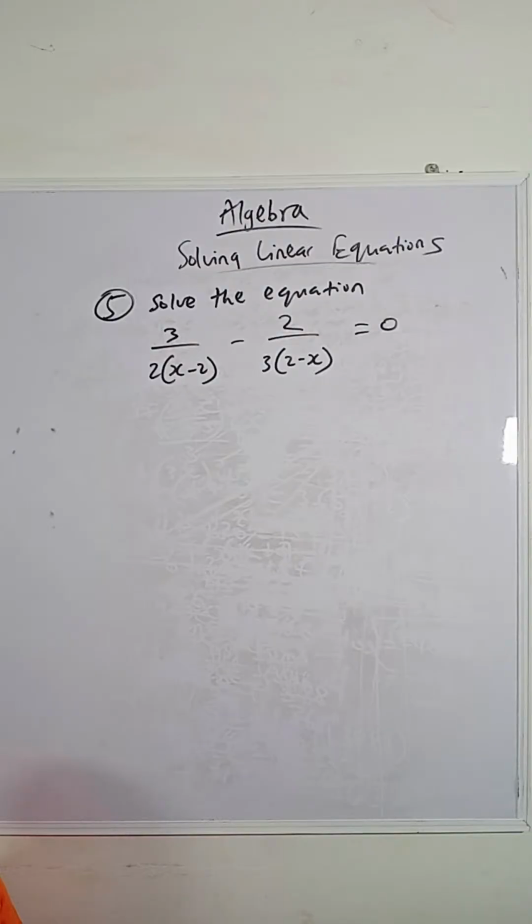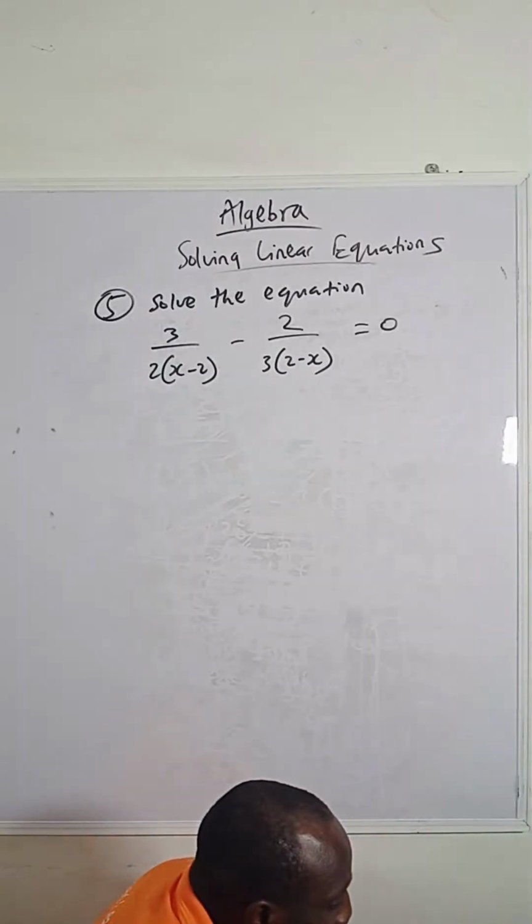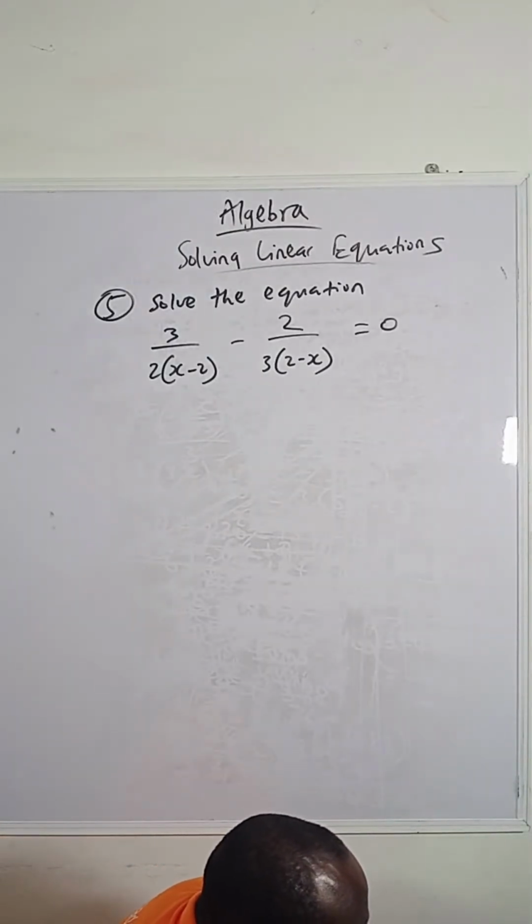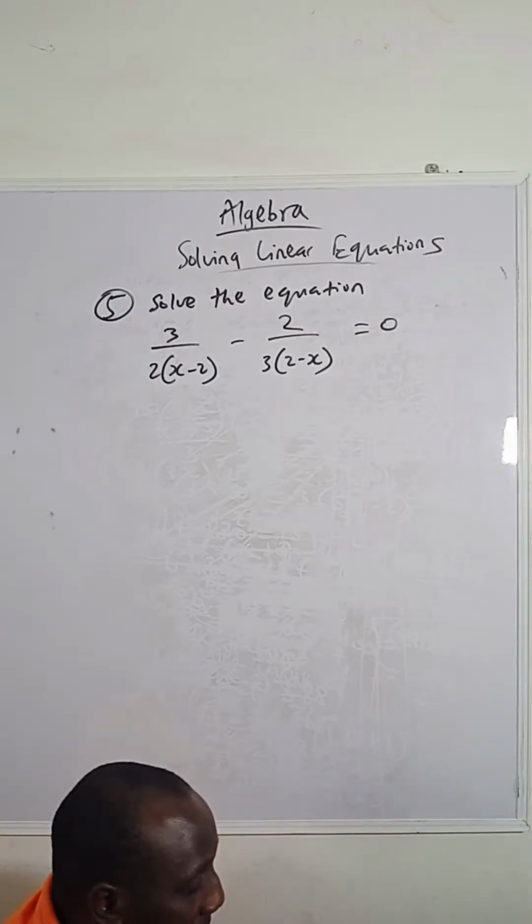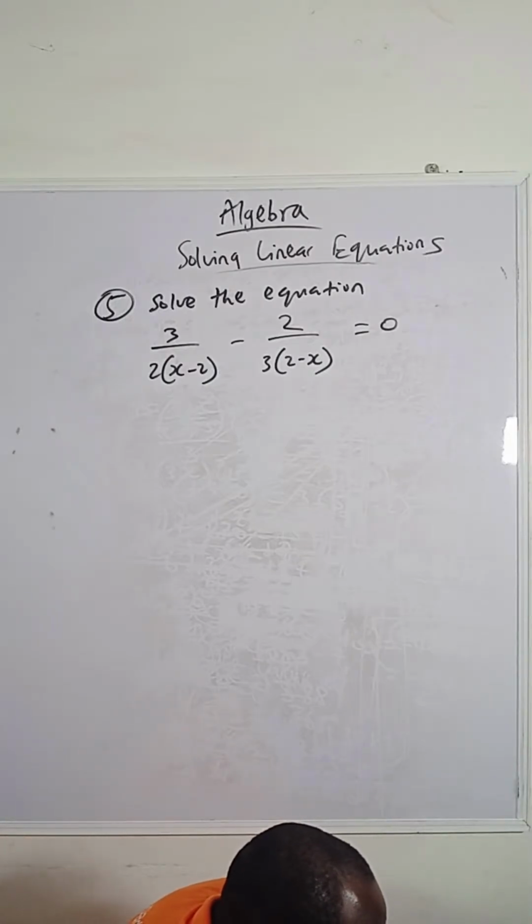That 2 will be an extraneous solution. Because if you make x 2, it's going to be 0 in the denominator, and that will make it undefined. I understand what you said. Yeah, that's true in many ways.